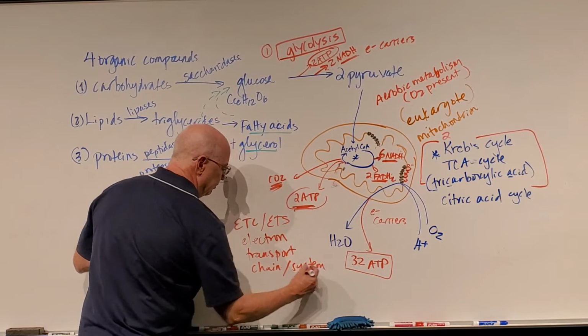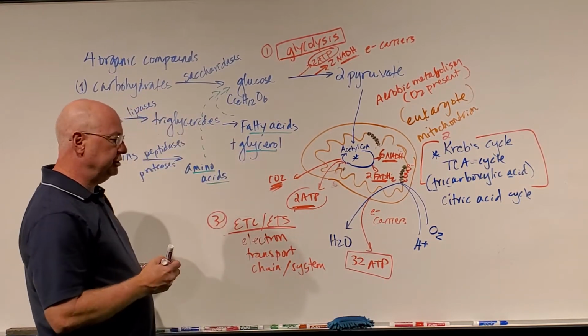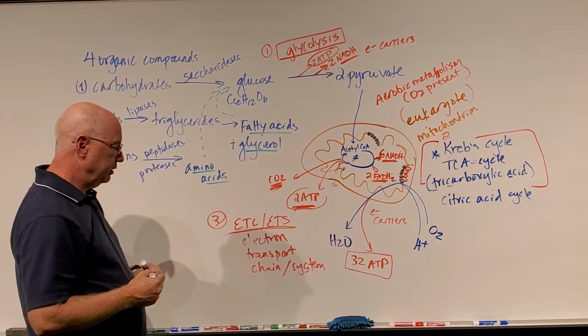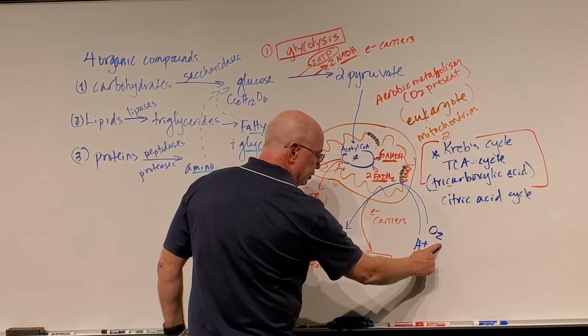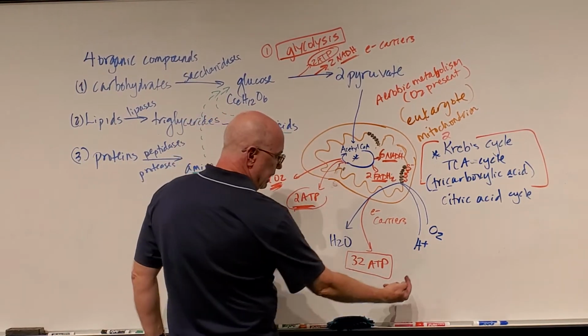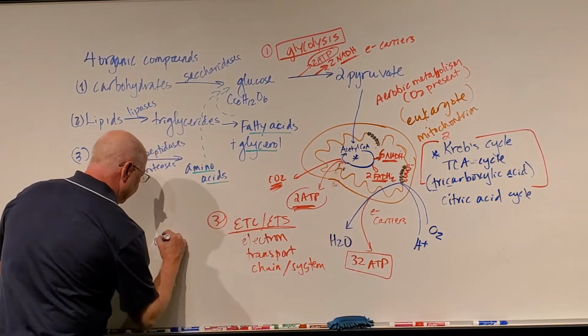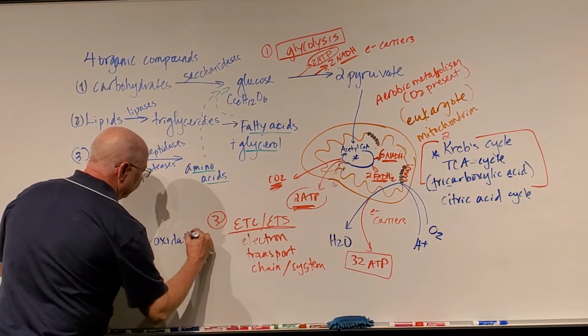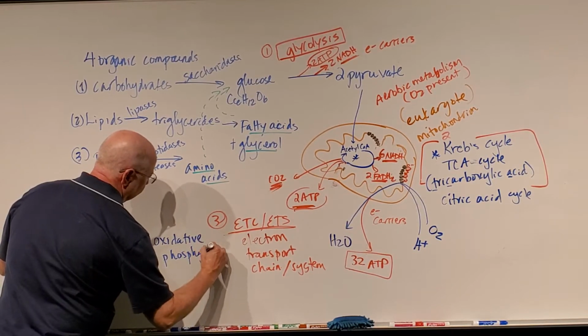I can't write at the bottom of the board. This is our third step in energy production in our cells. The electron transport chain, because I'm going to use oxygen to add a phosphate to ADPs forming ATP, is also called oxidative phosphorylation.